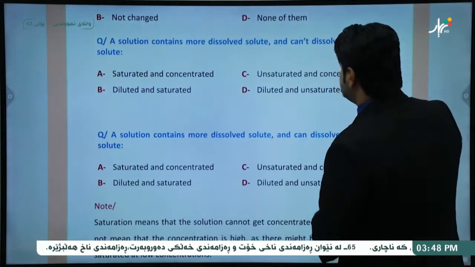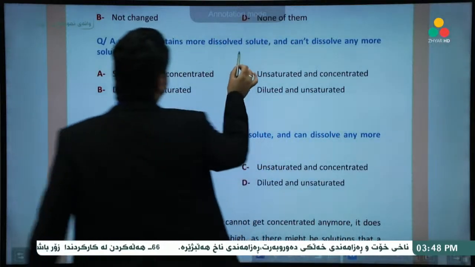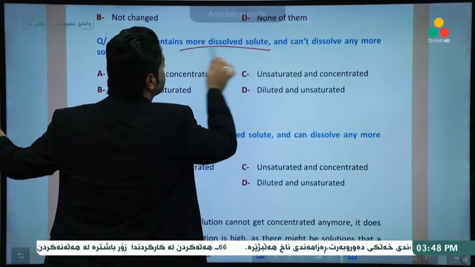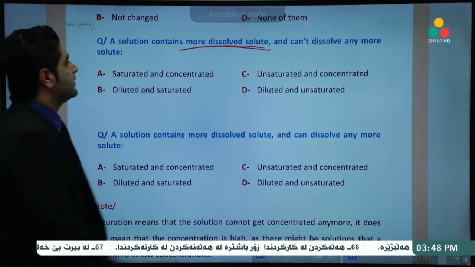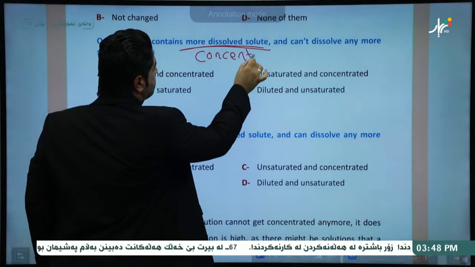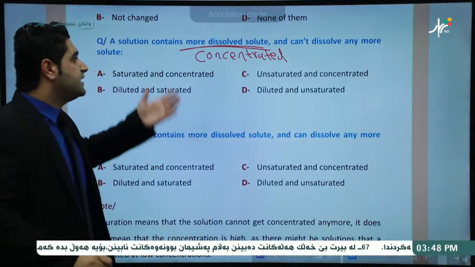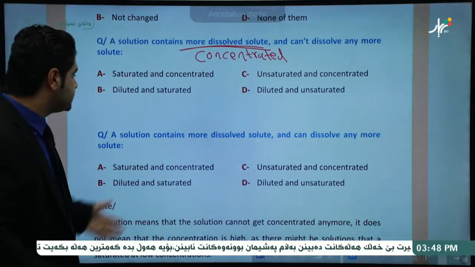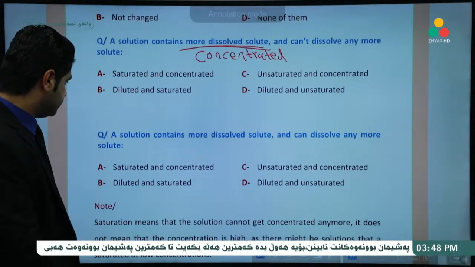A solution contains more dissolved solute. When a question says more dissolved solute, it means concentrated. Little dissolved solid means dilute.